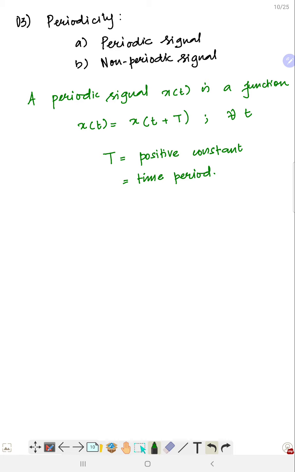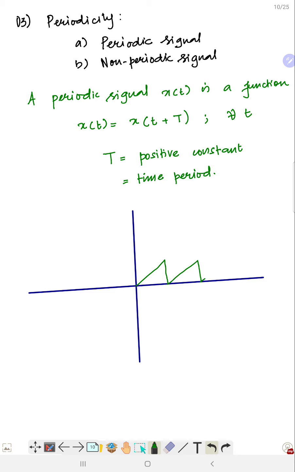And if I just do a bit of in-depth analysis, although again we will be discussing it separately, suppose I have a signal like this. Suppose this is 0, then we have T naught, after which it repeats, then 2T naught, 3T naught, and so on.